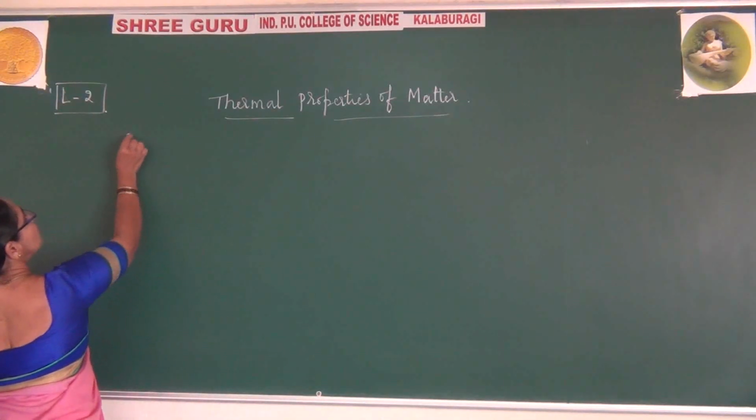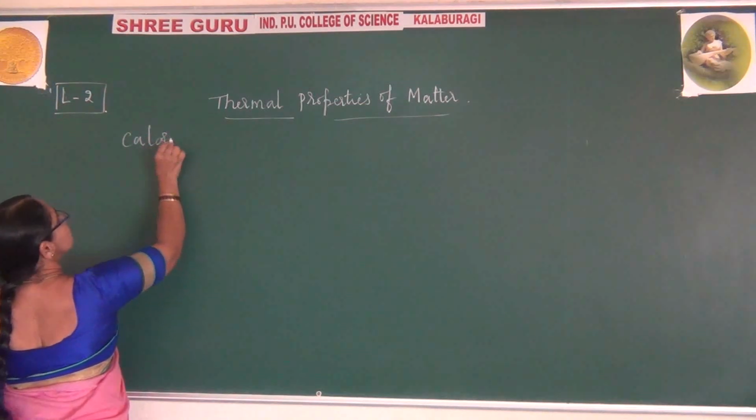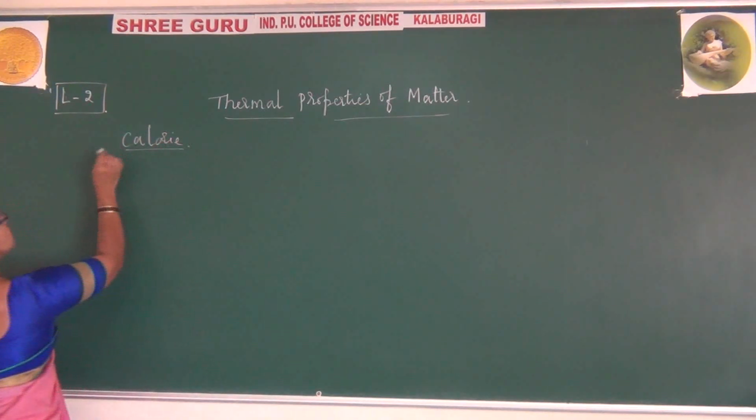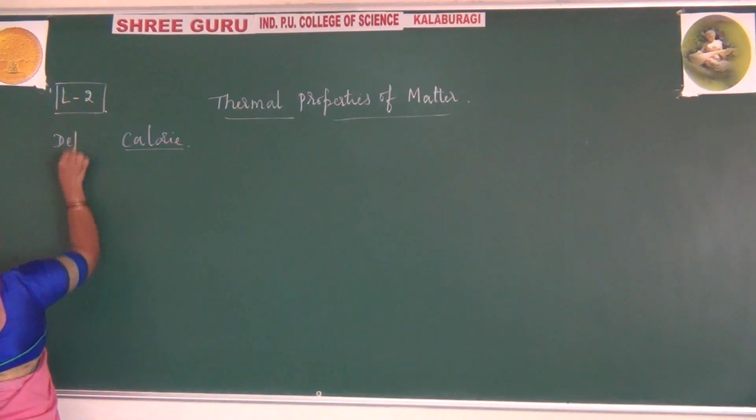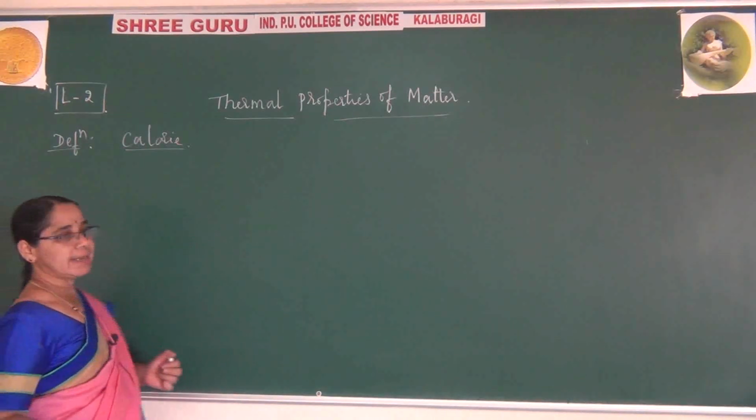Please observe, today we are learning the definition of calorie. This is the one definition. So what does this definition of calorie explain?